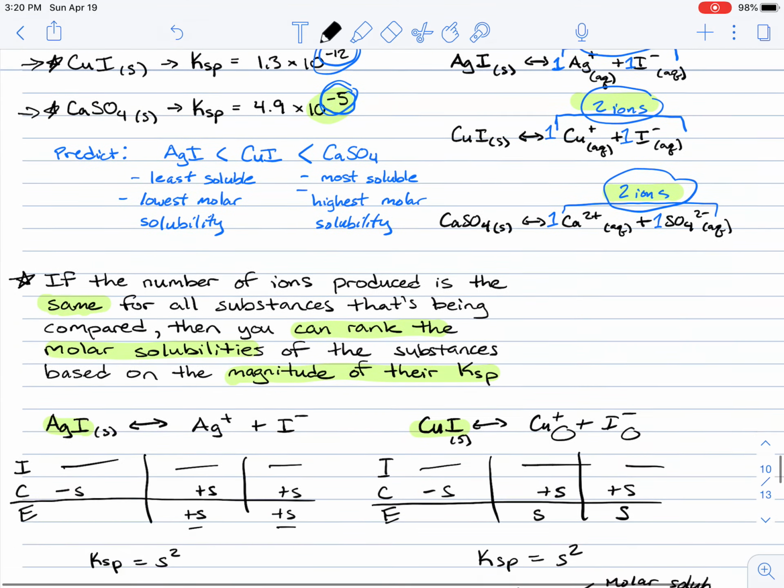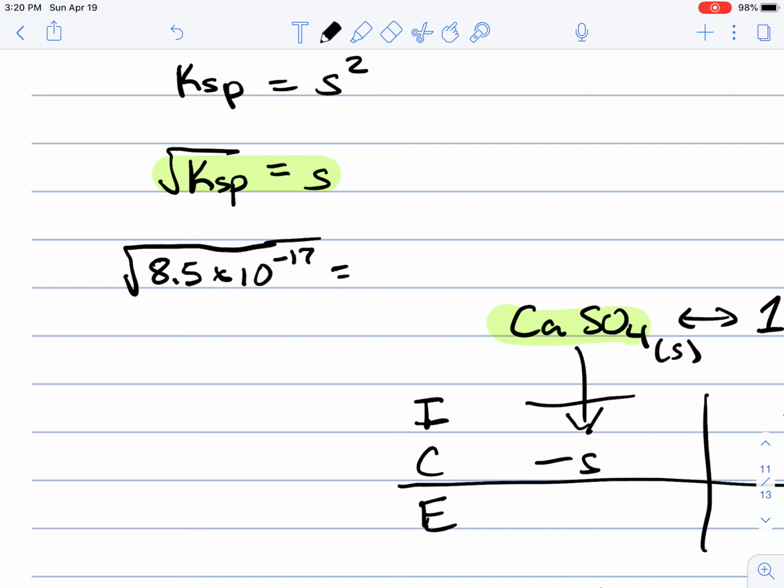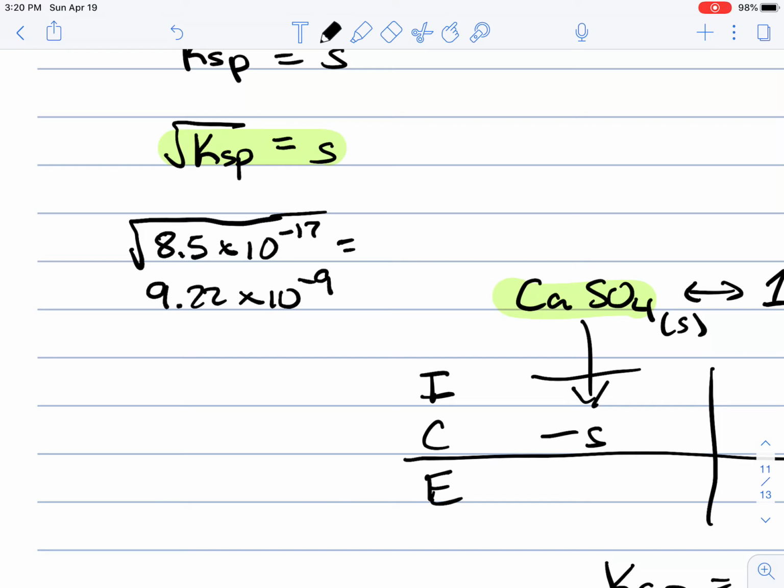And so I'm going to go ahead and do that in my calculator real quick. Just give me a second. So I'm going to get 9.22 times 10 to the negative 9. Okay. And this is going to be my molar solubility. I'll highlight that.